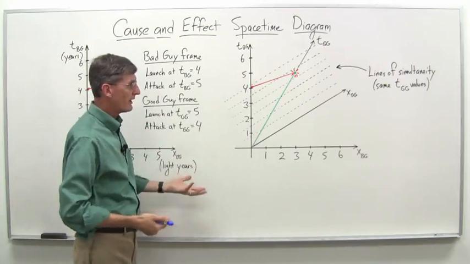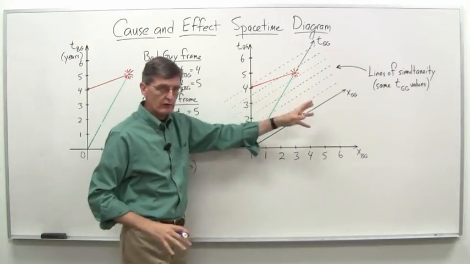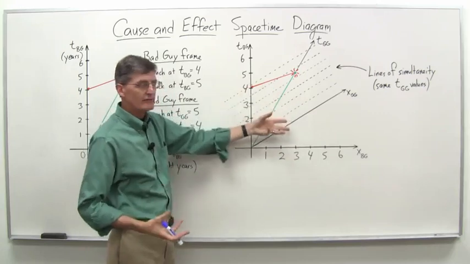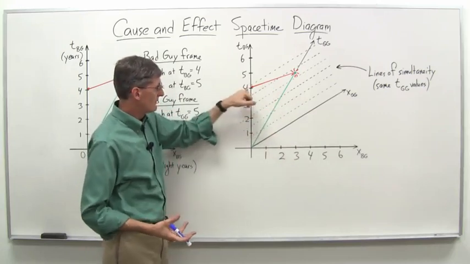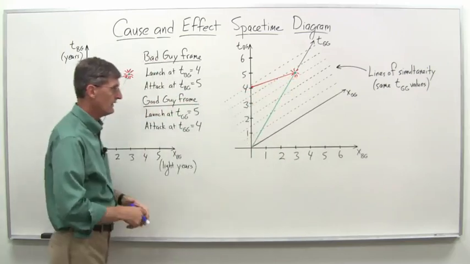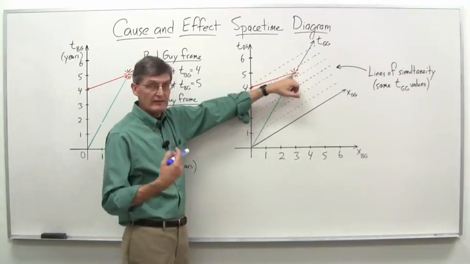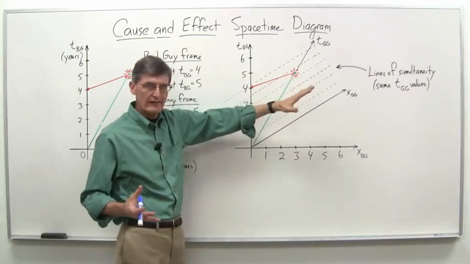So clearly from the diagram, without even doing any calculations, as long as we get our axes drawn correctly, we can see that in the good guy's frame of reference, the launch occurs after the attack. And in fact, in a sense, the good guys would see the attack occurring here, assuming they're still around.